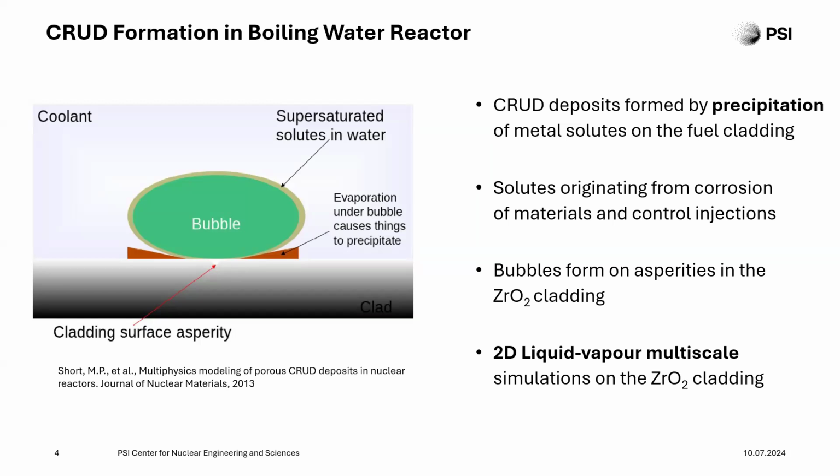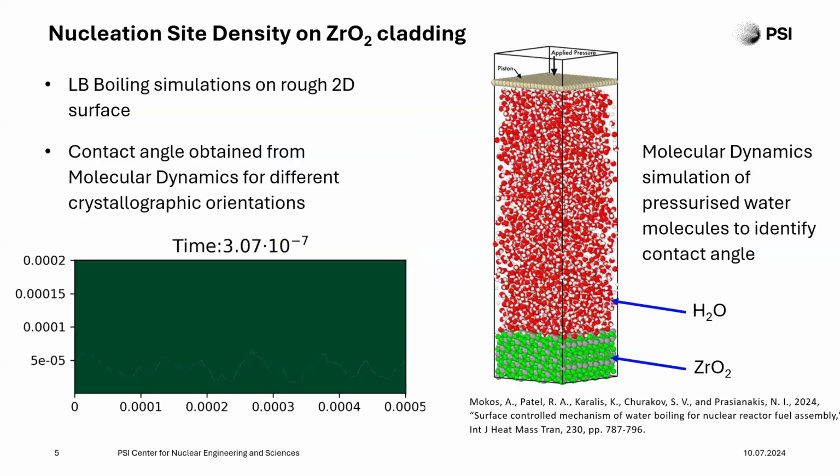We have in the past simulated the boiling on the zirconia cladding in a 2D case. As the professor said in the last invited talk, it's very important to get the correct interaction between the material and the liquid. So we ran molecular dynamics simulations with a piston, so we get the correct pressure on the water, and then we measured the contact angle between the water and the zirconia in its different crystallographic orientations.